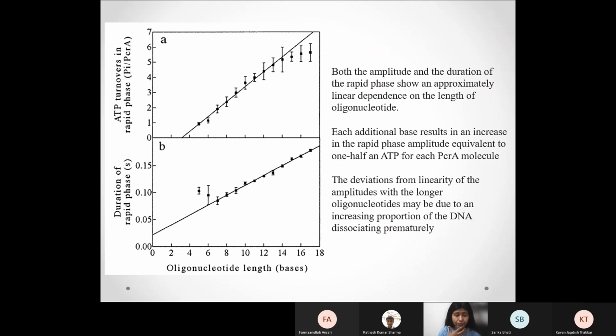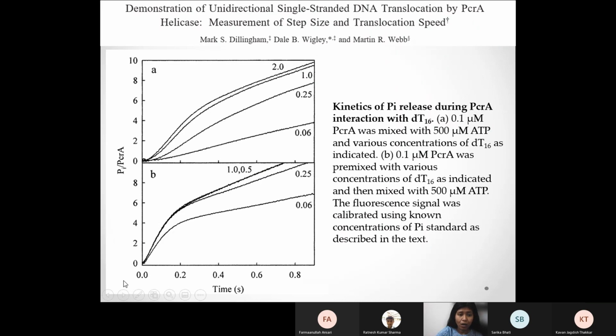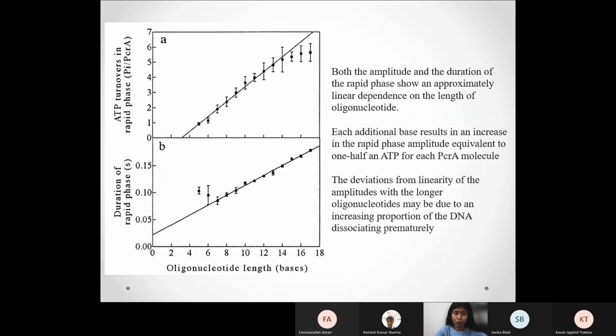Okay, and then they could also quantitate the duration of the rapid phase. Which one is the rapid phase? This phase. So how long is this rapid phase? The rapid phase would be longer if you have a longer stretch of nucleotide.